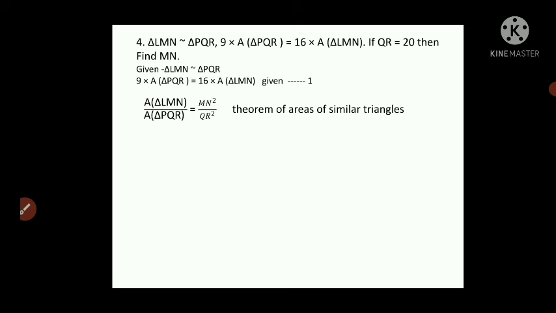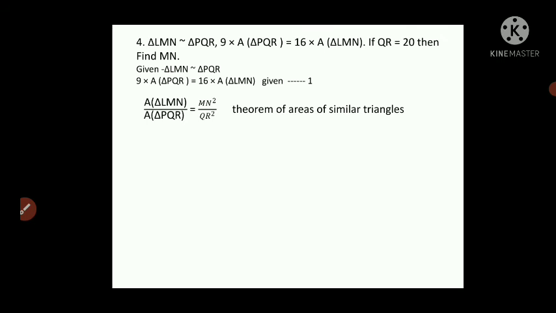So now see students, statement number 1 is what? 9 multiplied by area of triangle PQR will be equal to 16 multiplied by area of triangle LMN. In statement 1, left hand side triangle name is PQR and right hand side triangle name is LMN.